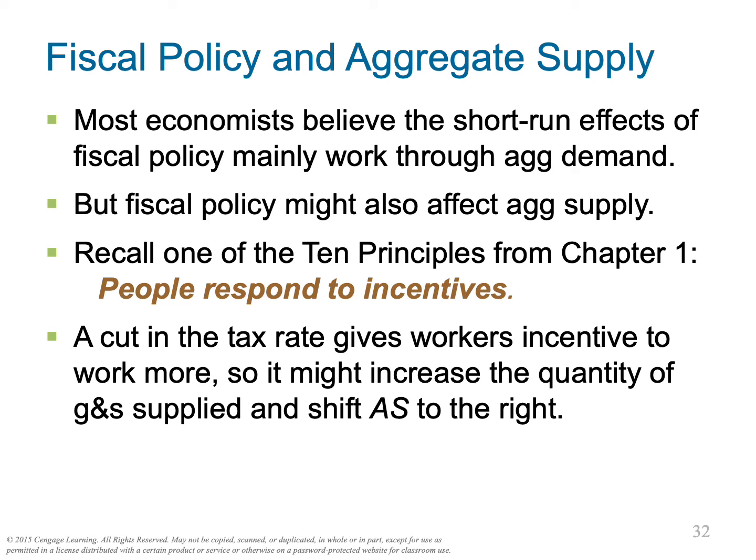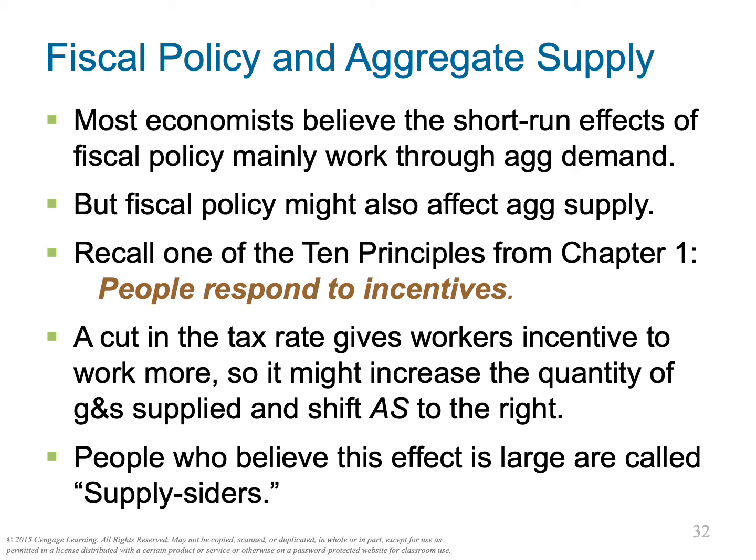Okay, so if there's a tax cut, there's a bigger incentive for workers to work more. And so it might actually increase the quantity of goods and services supplied, which would be represented by a shift of the aggregate supply curve to the right. So economists who believe that this effect is large are called supply-siders for supply-side fiscal policy.